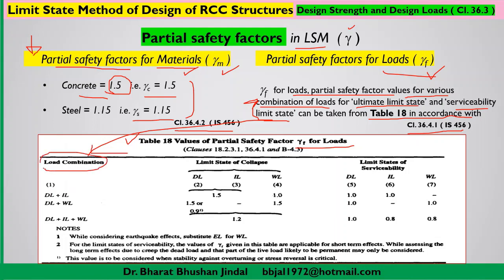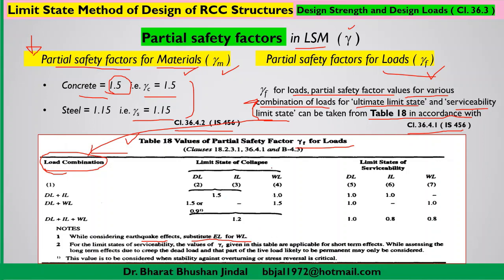As the combination of load changes, partial safety factor will change. The combinations are: dead load plus imposed load, dead load plus wind load, and dead load plus imposed load plus wind load. Now see here in the note it is mentioned that while considering earthquake effect, substitute EL for WL. That means either take EL or take WL.